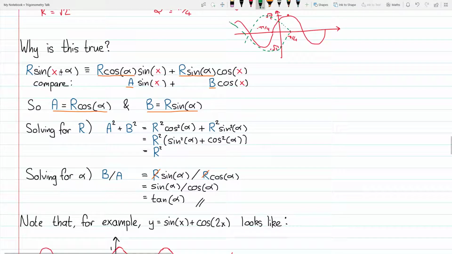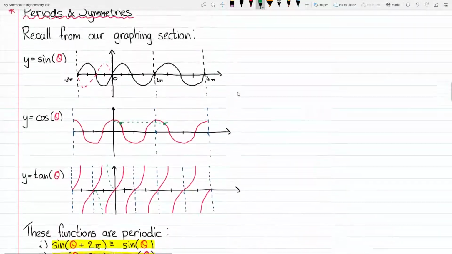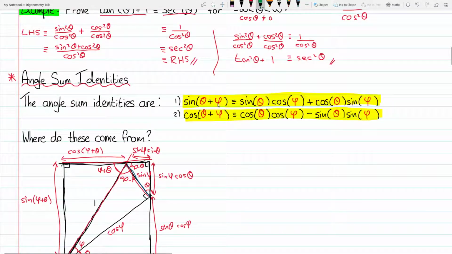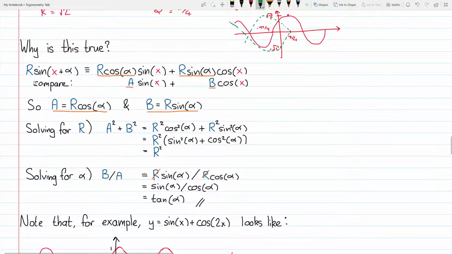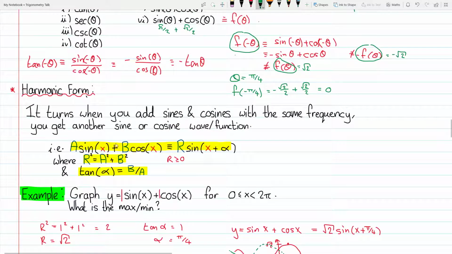We can split this up using our double angle formula, which is a formula we proved above here. I believe it's this one. So we apply it here. We have a double angle formula of sine, and we can compare it to the left-hand side.